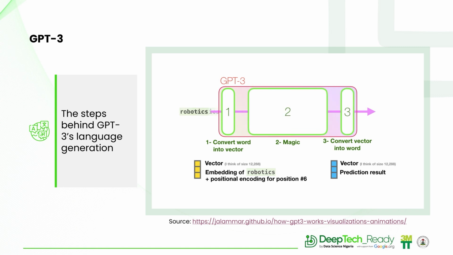Finally, in the third step, the output vector is converted back into a word, and this completes the prediction process. This series of steps ensures that the model understands both the meaning and the sequence of tokens it processes.